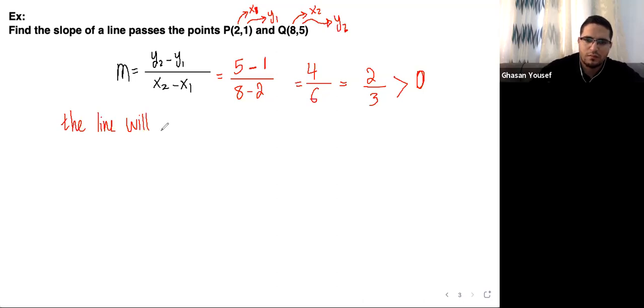Because the slope is positive, the line will look something like this.